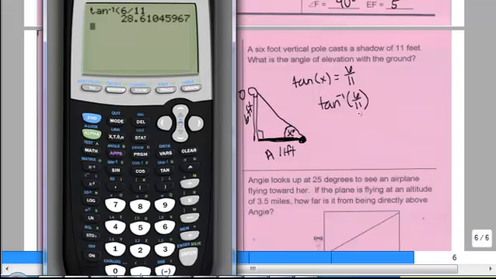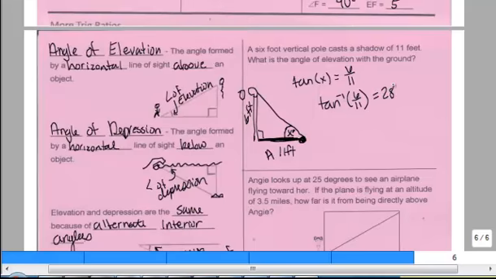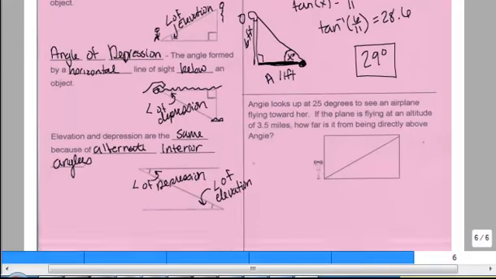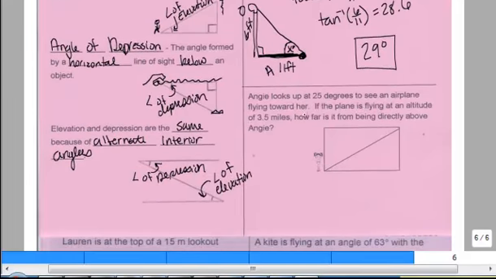That gives me 28.6. But remember, for angles we round to the nearest whole number, so that 28.6 becomes 29 degrees. Since all of these are word problems, please make sure to put your measurements.